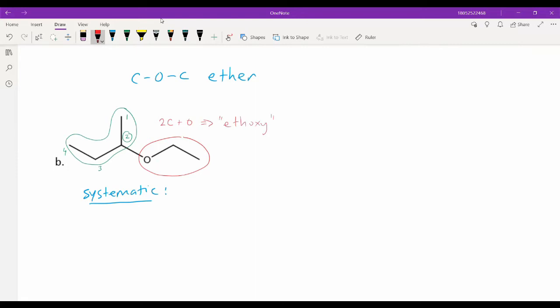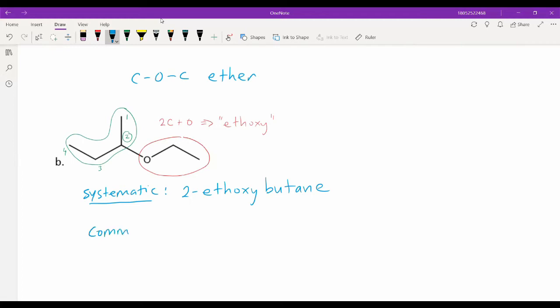So the oxy coming from oxygen. So we have 2-ethoxy butane. So the systematic naming, essentially the oxygen of the ether group is named as a substituent off of the main chain.